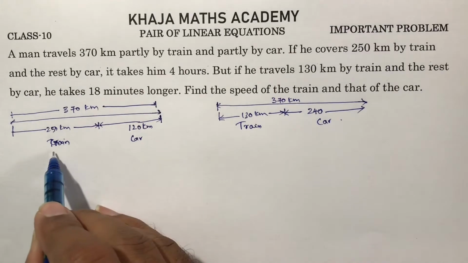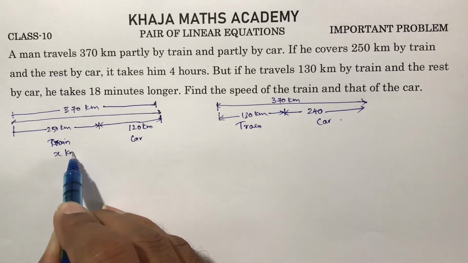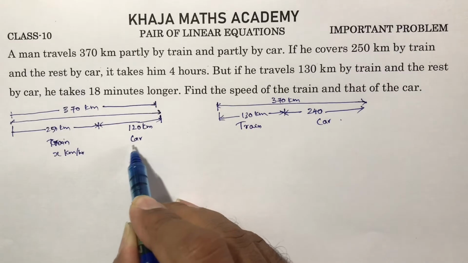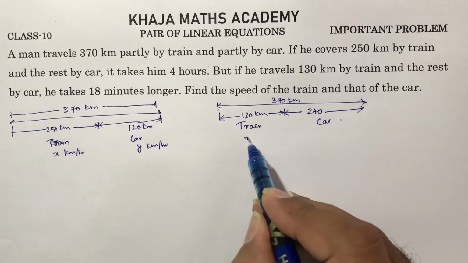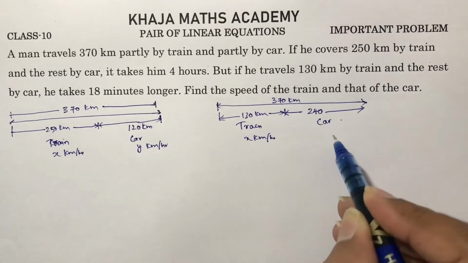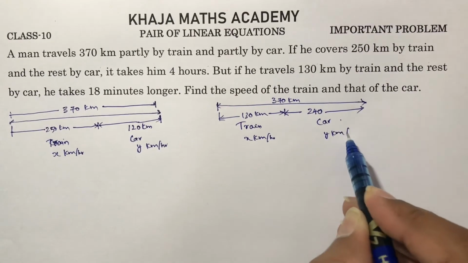So let the speed of the train be x kilometers per hour, speed of the car is y kilometers per hour. So here also x kilometers per hour, y kilometers per hour.